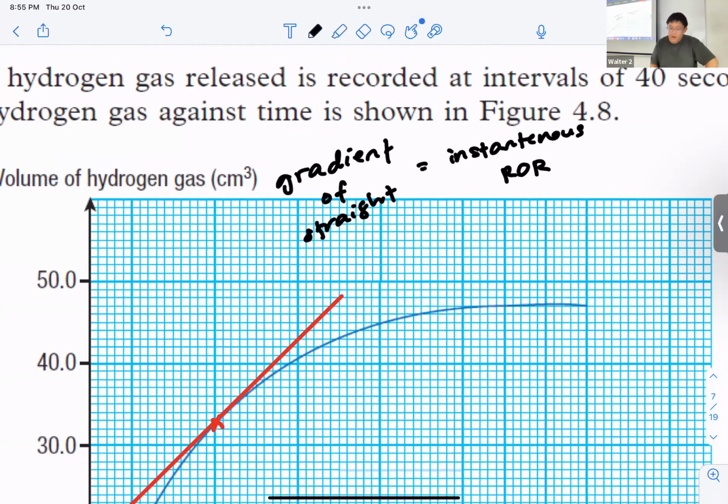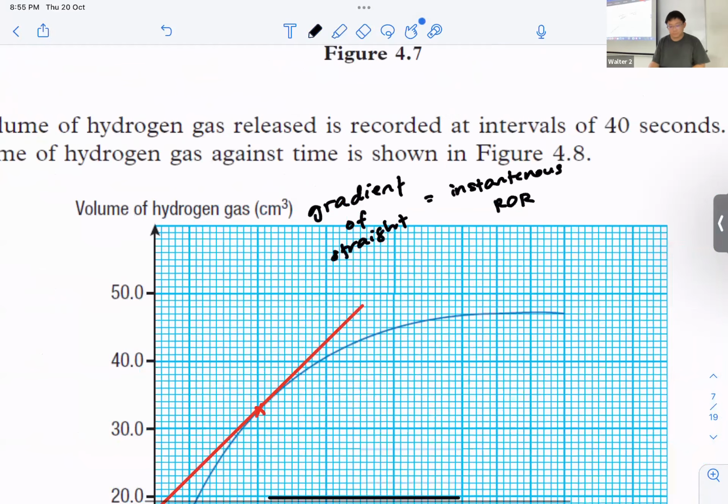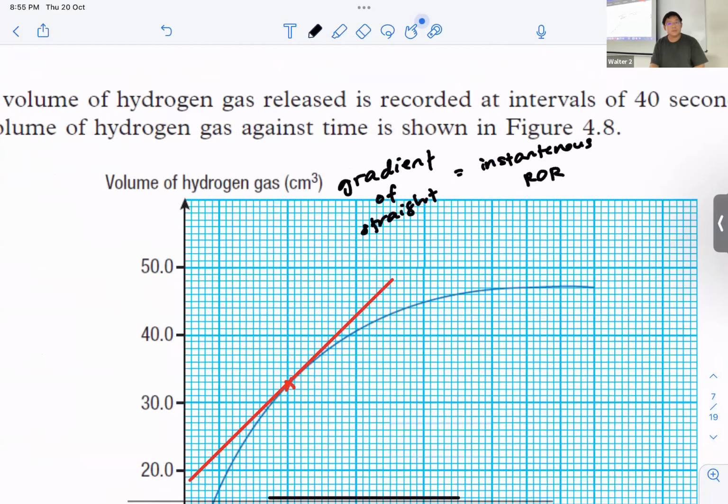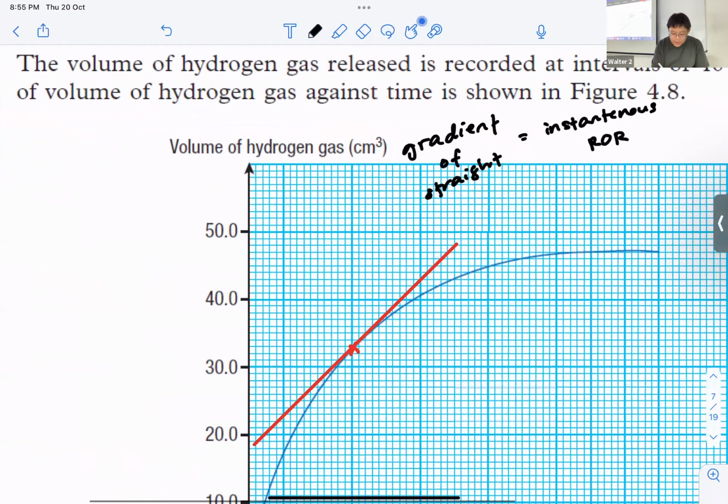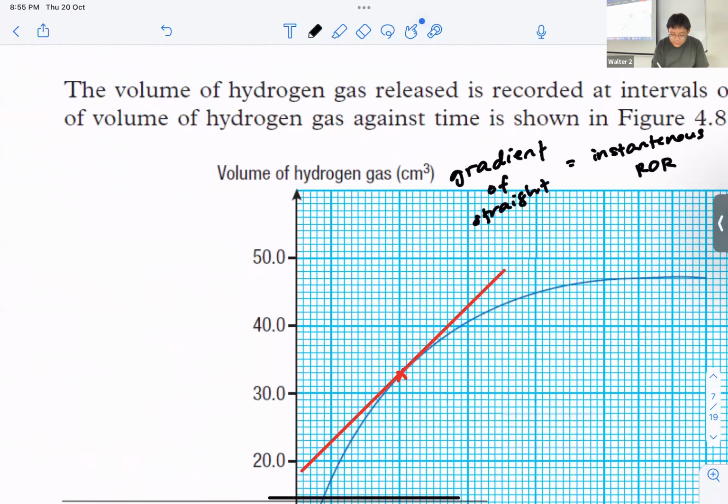Anyone want to remember how to calculate gradient? Last time we had the formula y = mx + c, remember? So we're calculating m over here.